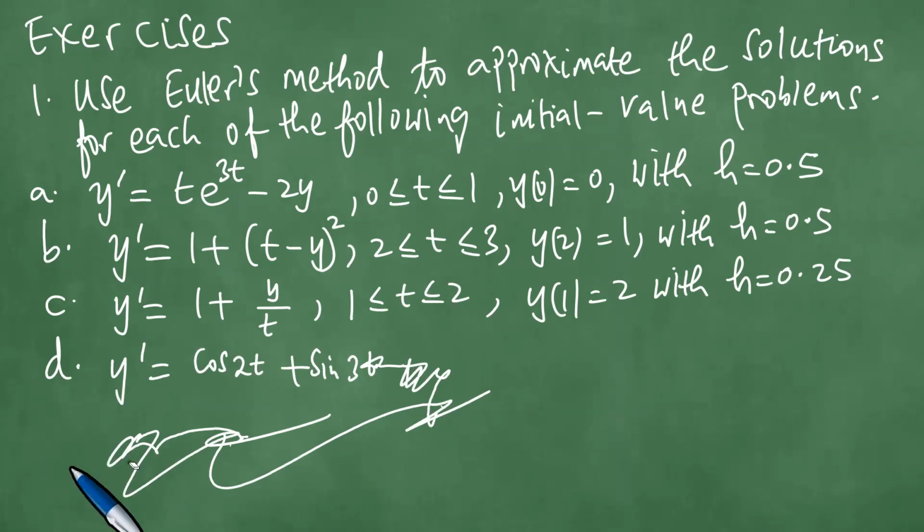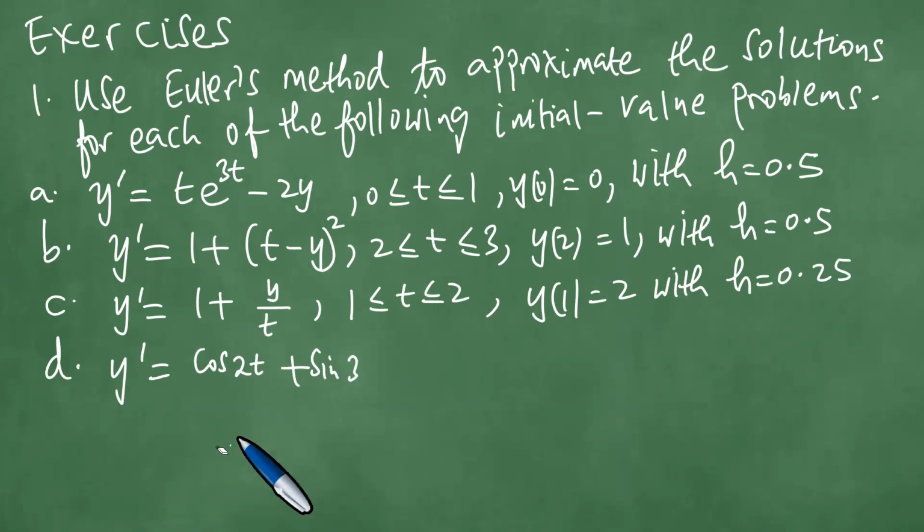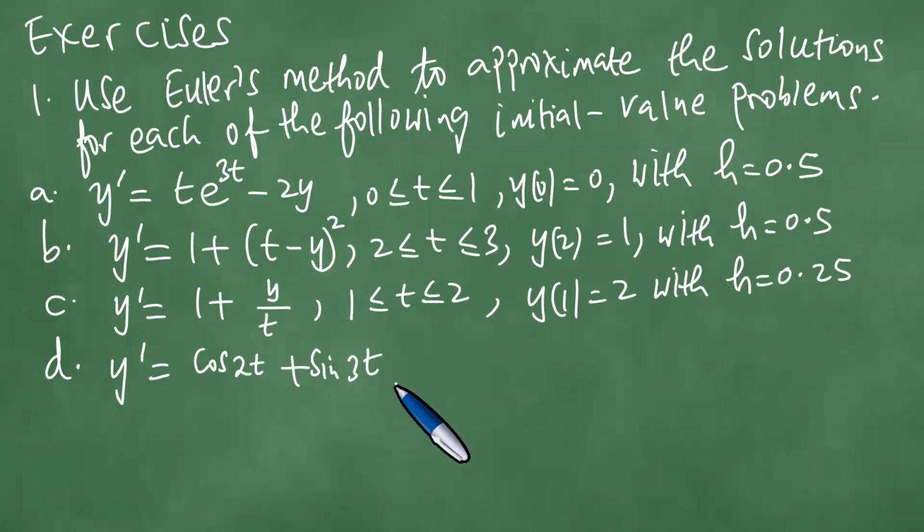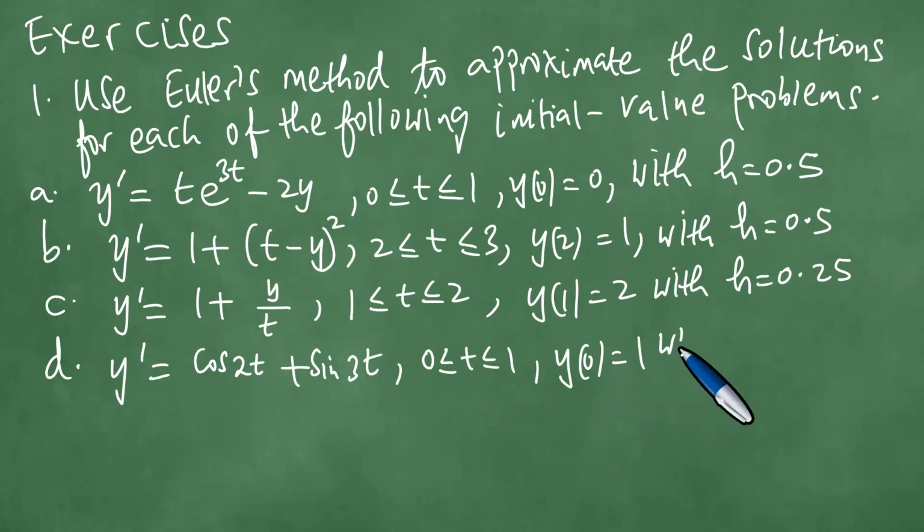So now I was saying sine 3t here, and then we have t between 0 and 1, y at 0 is 1, with h being 0.25. These are some exercises from the material for the course, taken from the prescribed textbook for this course.